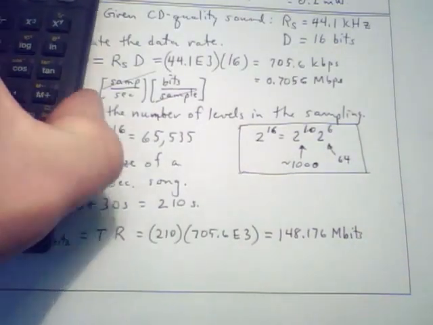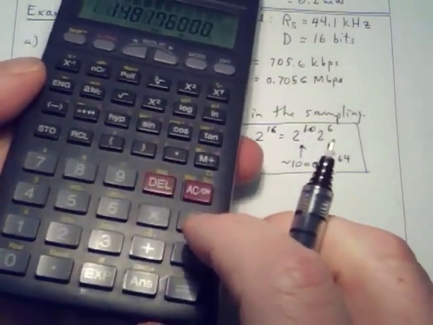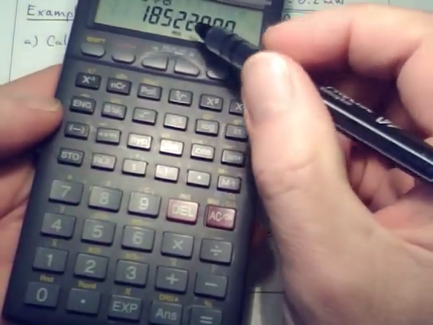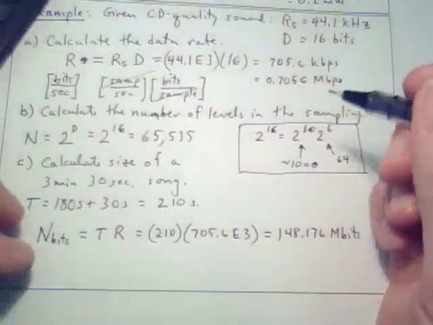And if I divide that by 8, it'll give me the number of megabytes, or the number of bytes. And here I get 18.522 megabytes.